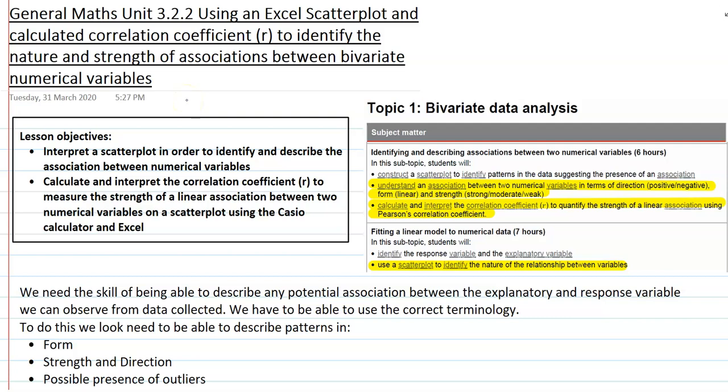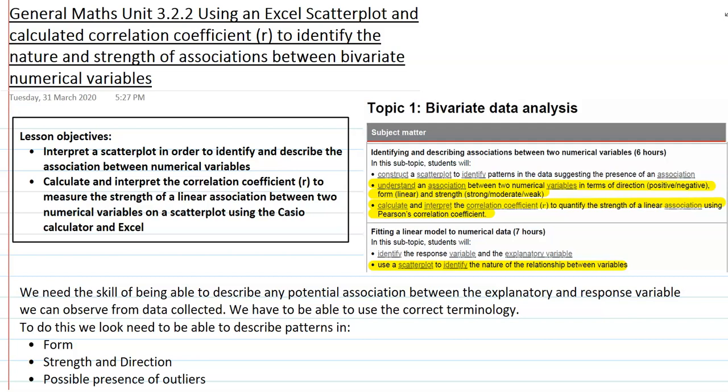This lesson is from Unit 3 of the General Maths program and we're looking at using an Excel scatterplot and calculated correlation coefficient to identify the nature and strength of associations between bivariate numerical variables. So the objectives today: we're going to look at how to interpret a scatterplot, to identify and describe the association between numerical variables.